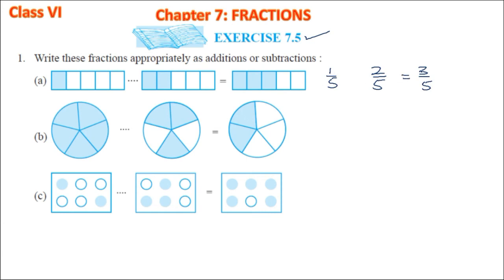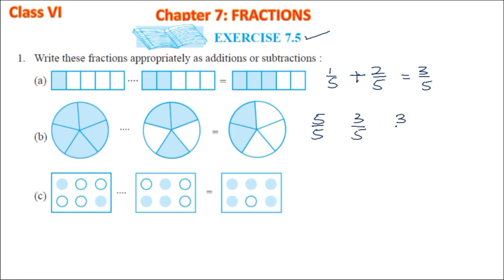To get 3 by 5, we need to do addition. So it is 1 by 5 plus 2 by 5 equal to 3 by 5. Now look at this. There are 5 parts and all 5 parts have been shaded, so it is 5 by 5. Here there are 3 shaded out of 5.